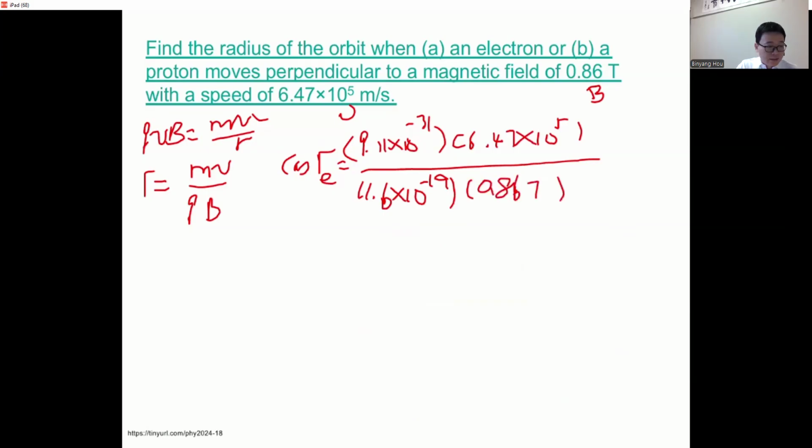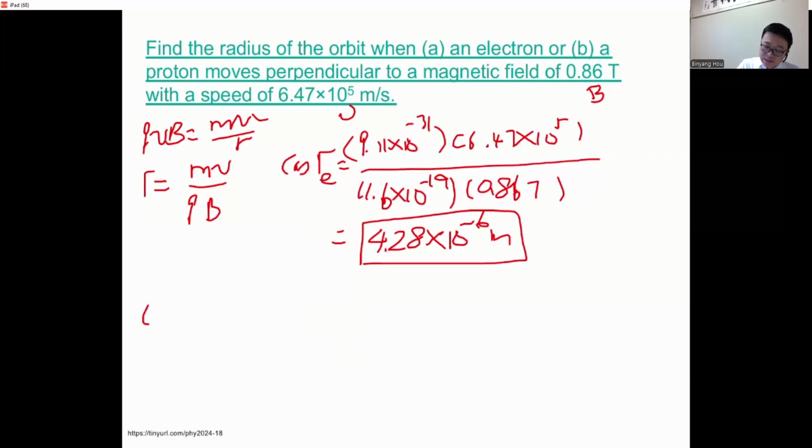This will give you 4.28 times 10 to the minus 6 meters for the electron's radius.